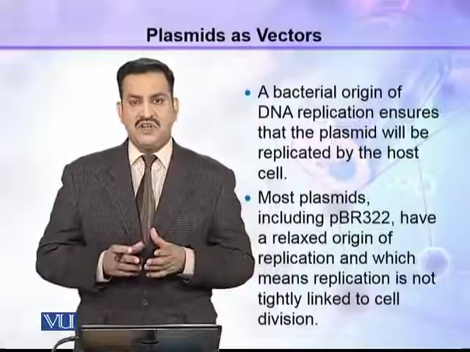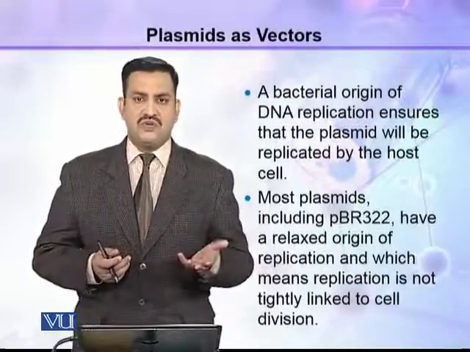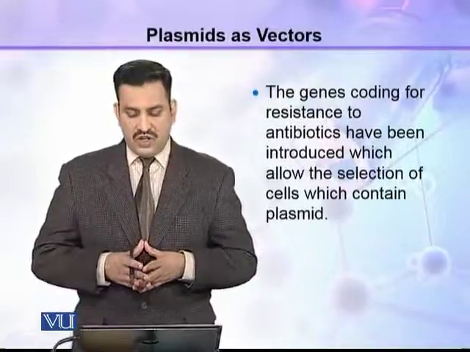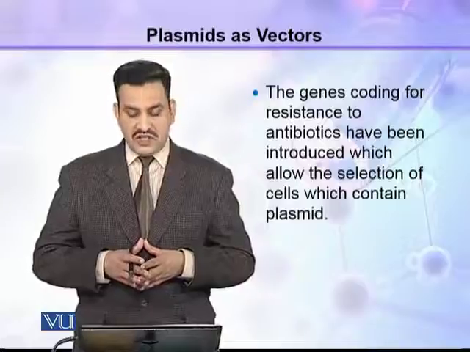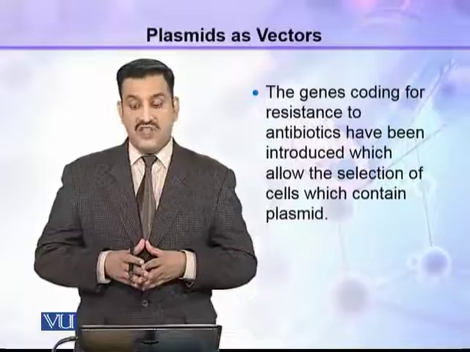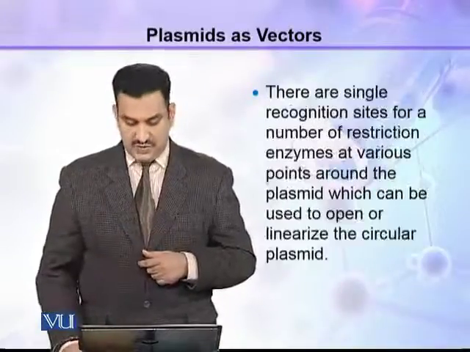It can replicate independent of the replication of the chromosome or the cell. The genes coding for resistance to antibiotics have been introduced, which allow the selection of cells which contain plasmids.